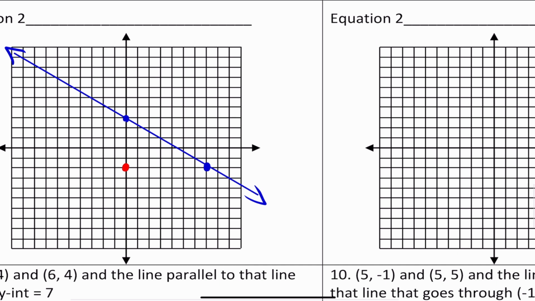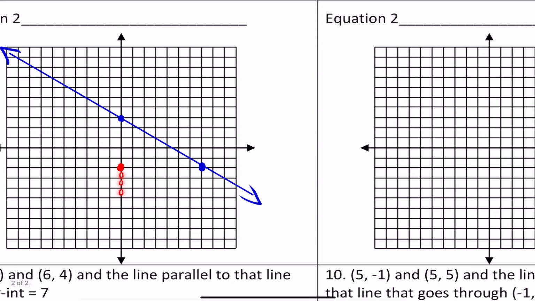So I need to go down 5, right 7. 1, 2, 3, 4, 5, and then 1, 2, 3, 4, 5, 6, 7, and draw a point there. And then I'm going to do the opposite.